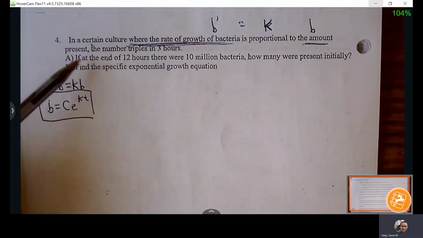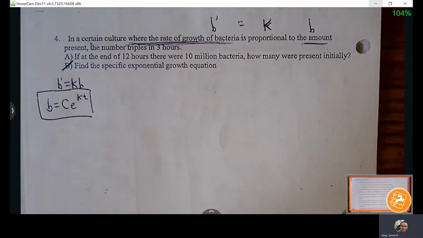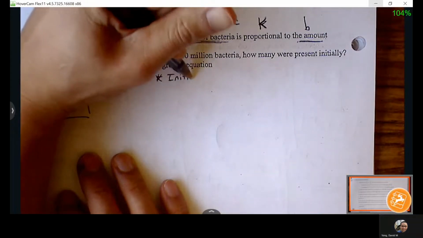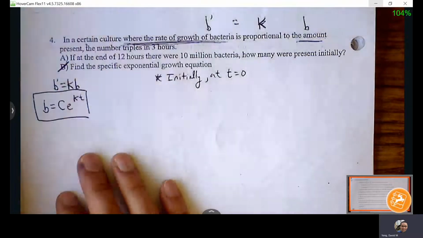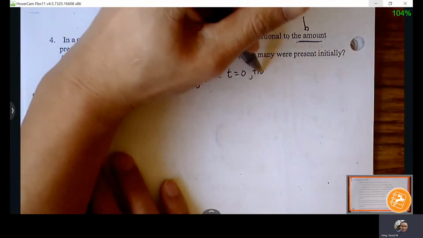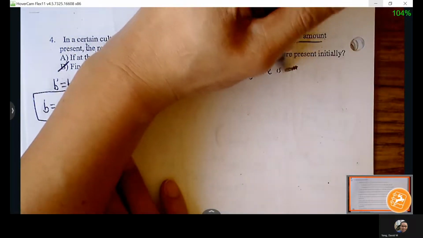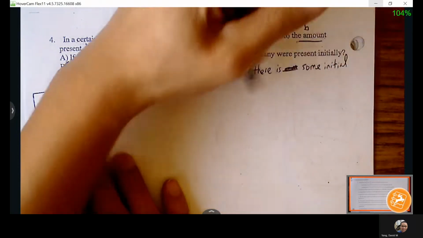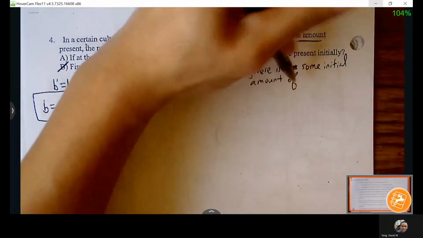Right. You said it says the number is going to triple in 3 hours. Okay. So that tells us that initially, at let's say time t equals 0, there is some amount or number of bacteria.